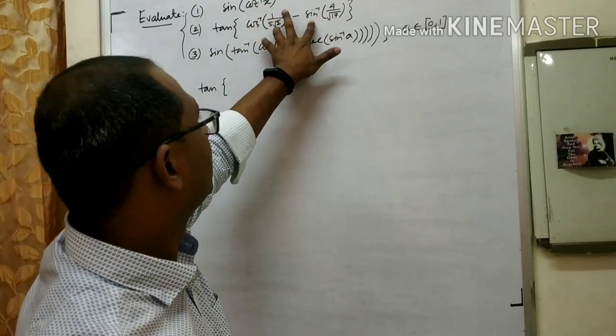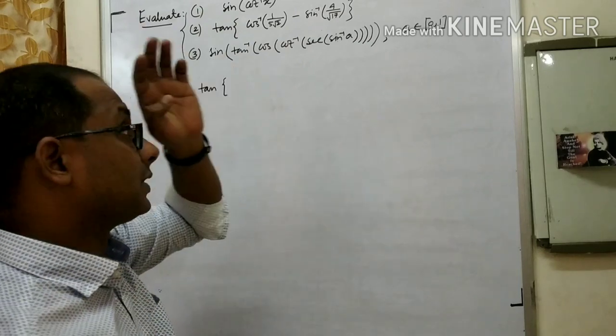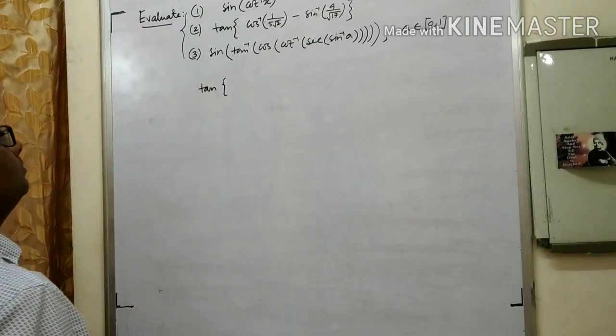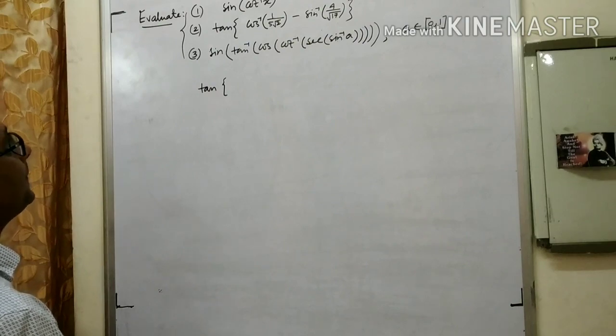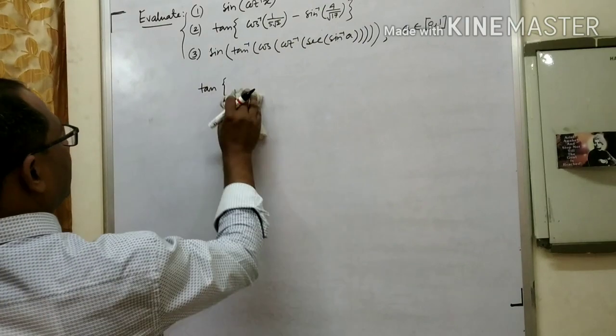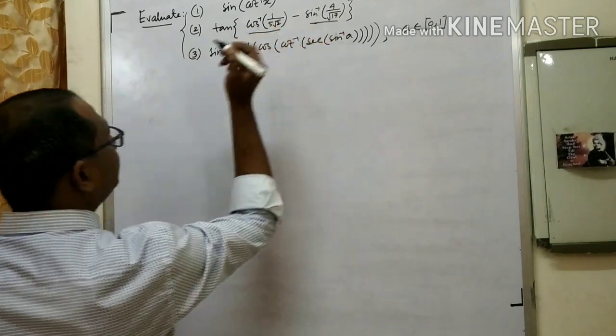That is what the question is asking us. But those angles are inverse trigonometric functions. How do I do it? Okay, let me take this one as theta, and this one as phi.